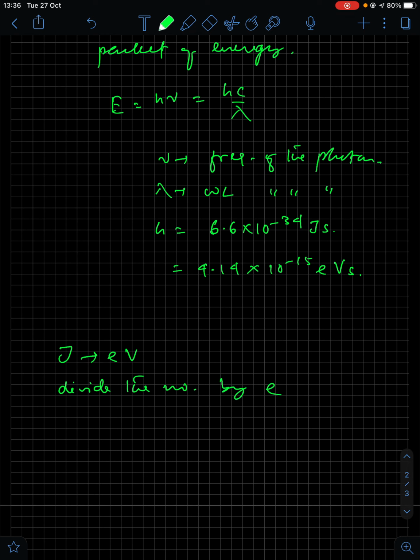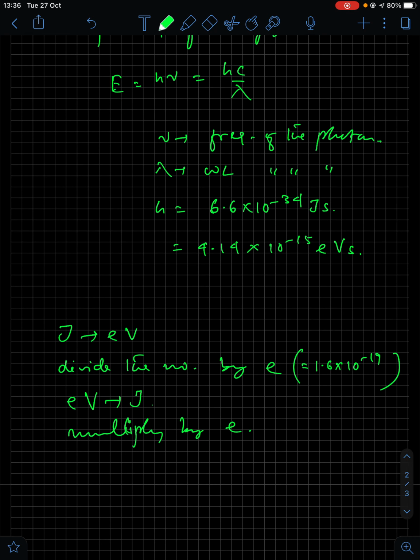What is the value of e? e is 1.6 into 10 to the power minus 19 coulomb, right? Now when you have to convert electron volt to joule, you multiply by the value of e, okay. So here what we have done, we have divided this number by 1.6 into 10 to the power minus 19 to get this. So you have converted that into electron volt second.